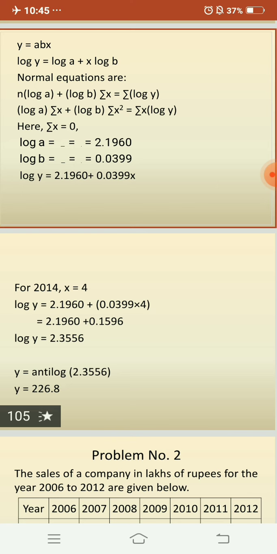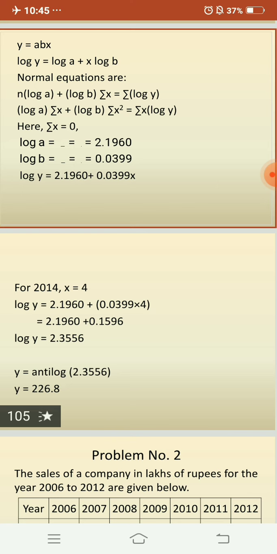After calculating log y, you need to take the log on the right side.